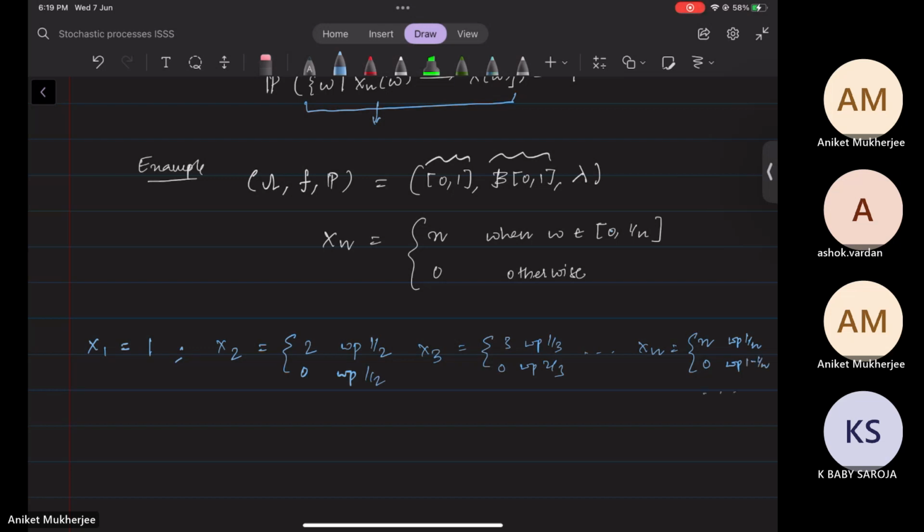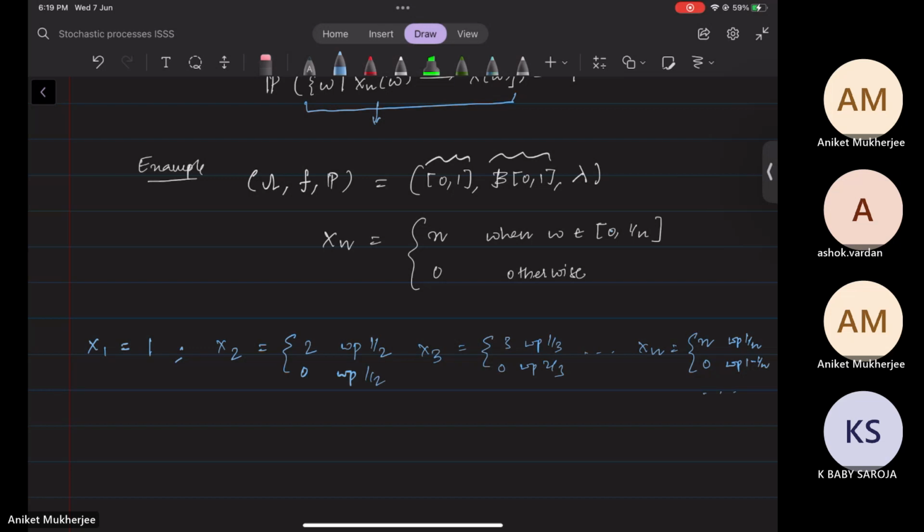And this keeps on going. As you see, the probability that Xn is equal to n keeps on decreasing as n increases. So you can intuitively see that this random variable is converging to a random variable which is always 0.